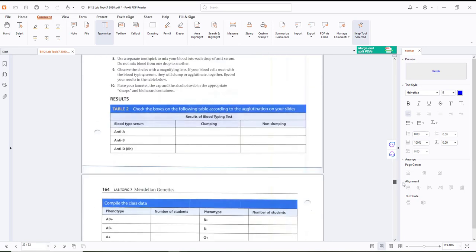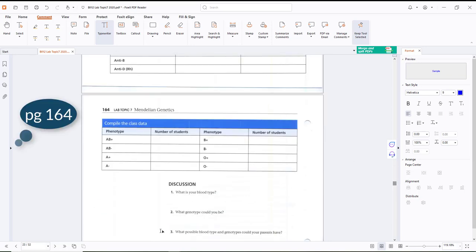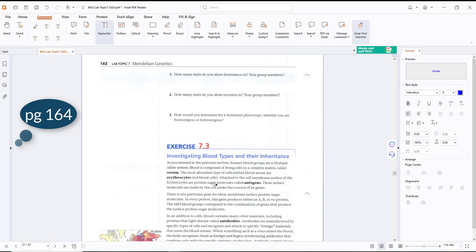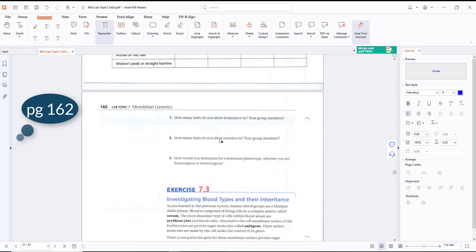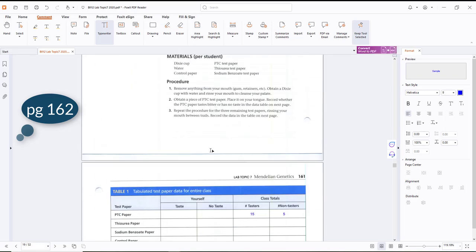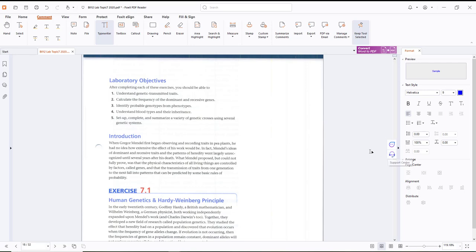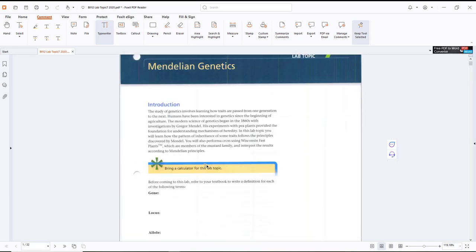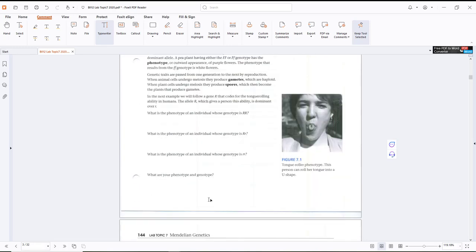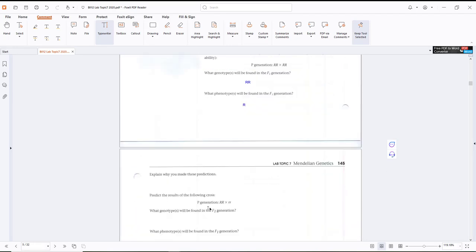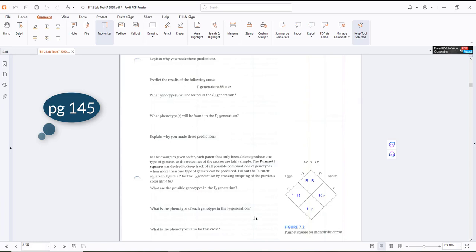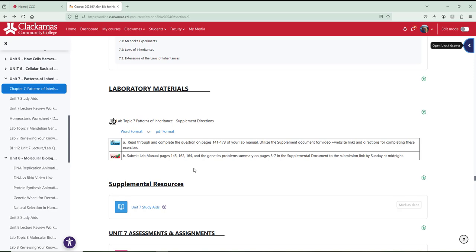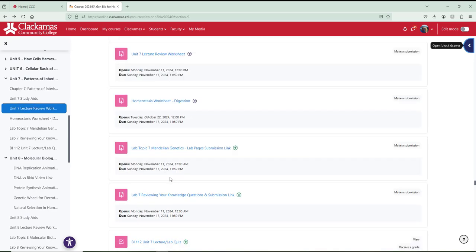So that's this page 164. And then 162, this page, and then 145, which is this page, and I did some of it for you, okay? So once you have completed those pages, then you're going to submit those for points.